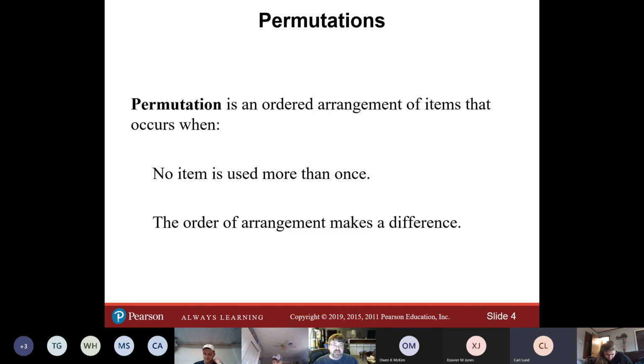Order matters. It matters if Jeff is first in line or if Teresa is first in line. Those are 2 different lines. It matters if Alicia is next to Patricia or if Alicia is next to Leroy. It makes a difference. Order of arrangement makes a difference in a permutation.